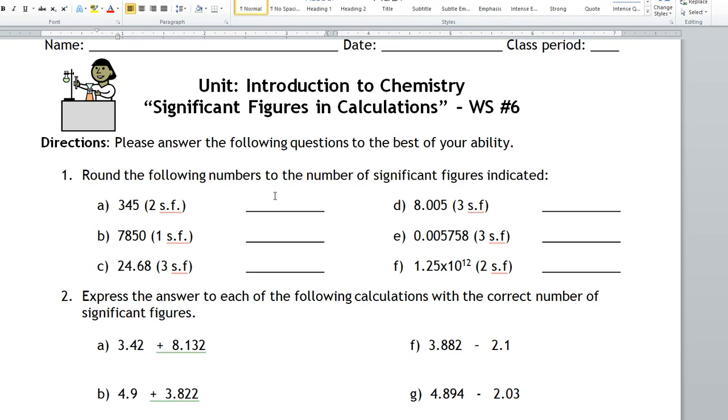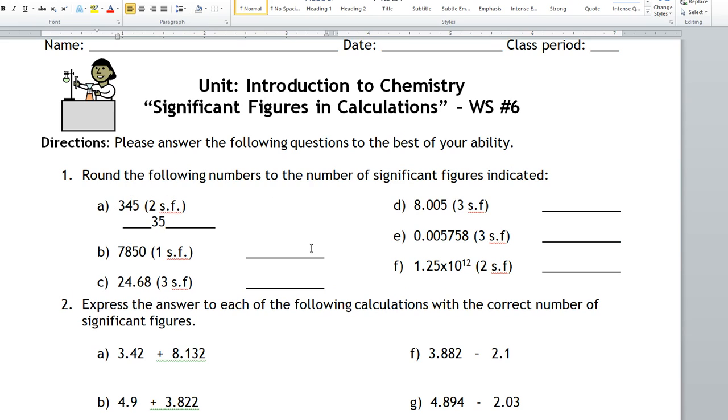Okay. So the best way to do this is, okay, 2 significant figures. So that means I'm going to go to the 4. All right. So the 3 and the 4 should be my 2 significant figures, but I want to look at rounding. All right. So with rounding, I look at the next number after, which is a 5. That tells me that the 4 needs to come up. So your answer for this one should be 35.